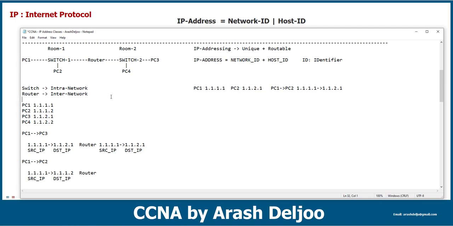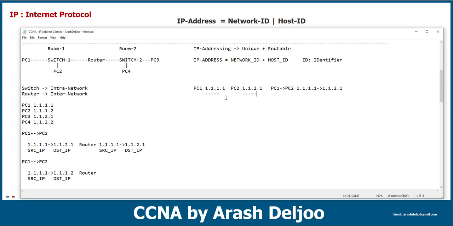Maybe you say that these two PCs are residing in different networks because the first three octets of PC1 and PC2 are different. But this is not correct. Why? Because I didn't say that the network ID is in all cases the first three octets.